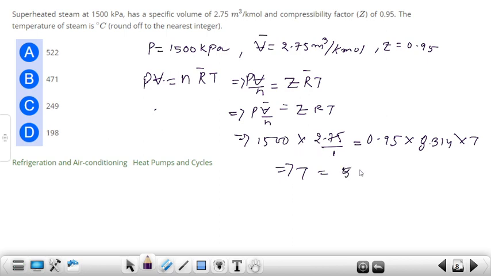It is equal to 522.26 Kelvin, and we have to calculate in degree centigrade, so minus 273.15, which is equal to 249. So option C is the correct answer.